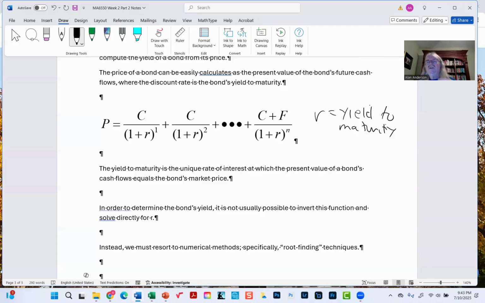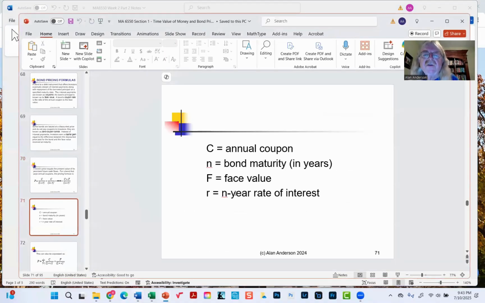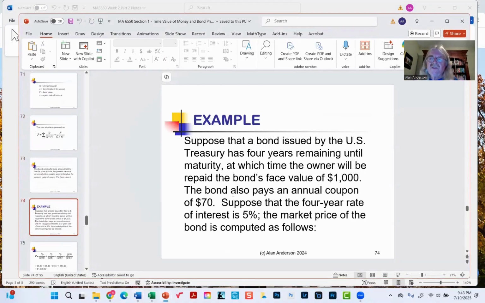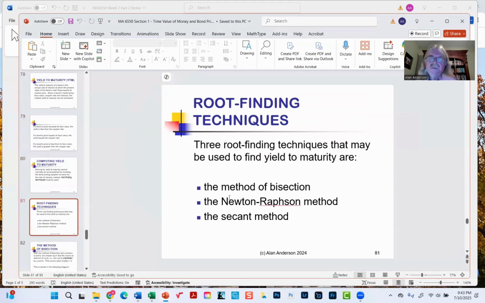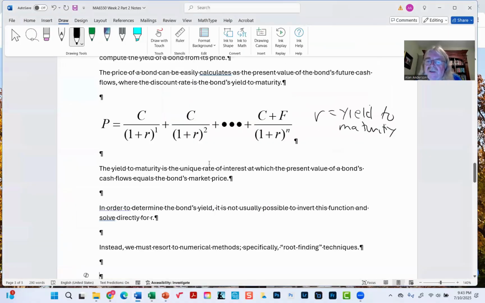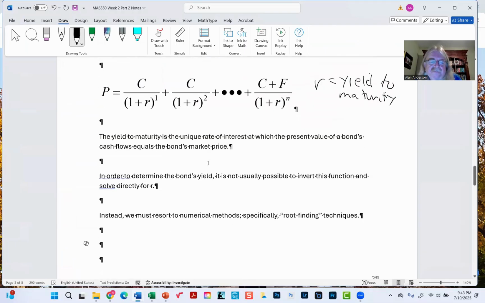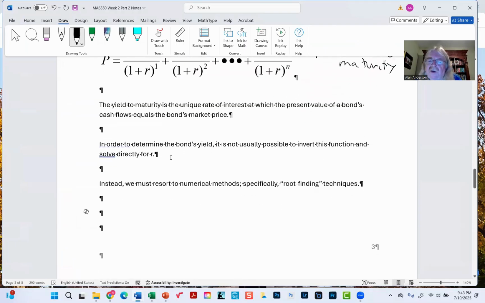Here, there are several available to us, and we're going to consider all three and just understand what they're doing. They're referred to as the method of bisection, the Newton-Raphson method, and the secant method. These are all available to us to solve for a case like this, where we're trying to invert a function without actually inverting it, in our example, to solve for R.